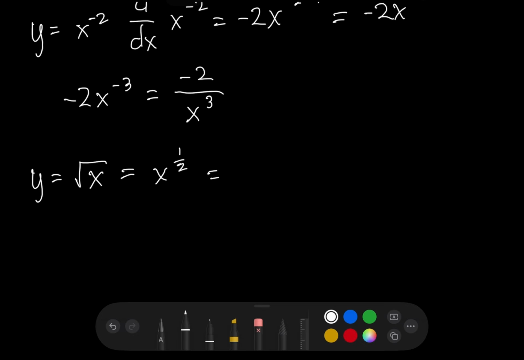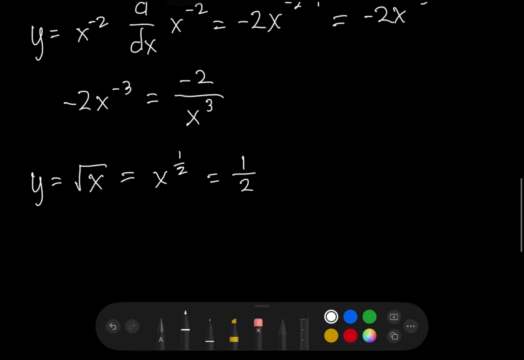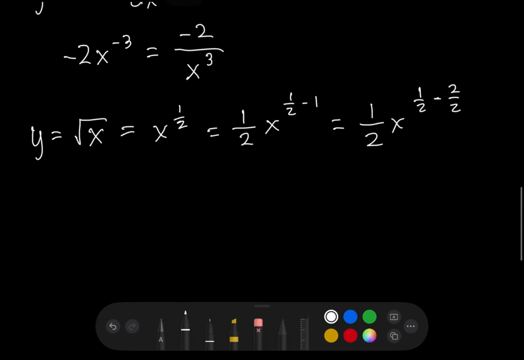Applying the derivative of a power, that will give us 1 half x raised to 1 half minus 1. To make it easier, we subtract the fraction from the whole number by expressing the whole number as a fraction having the same denominator, 1 minus 2 over 2.